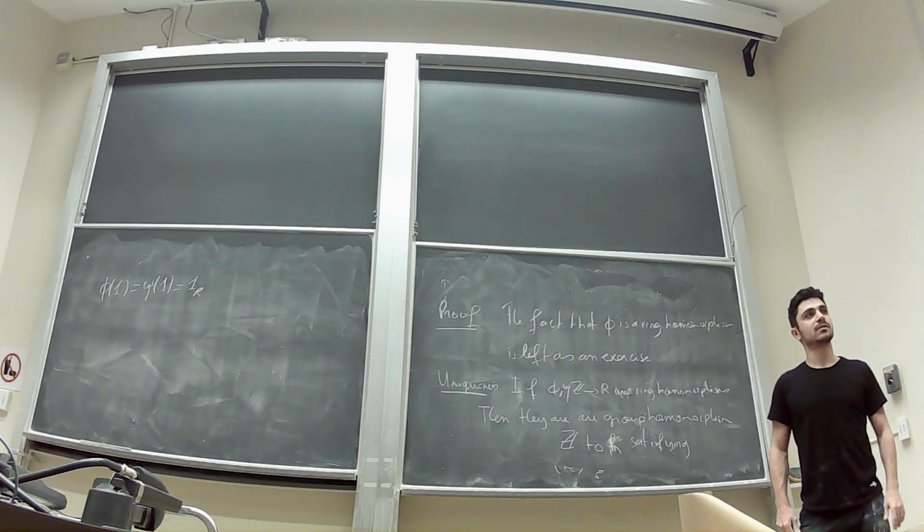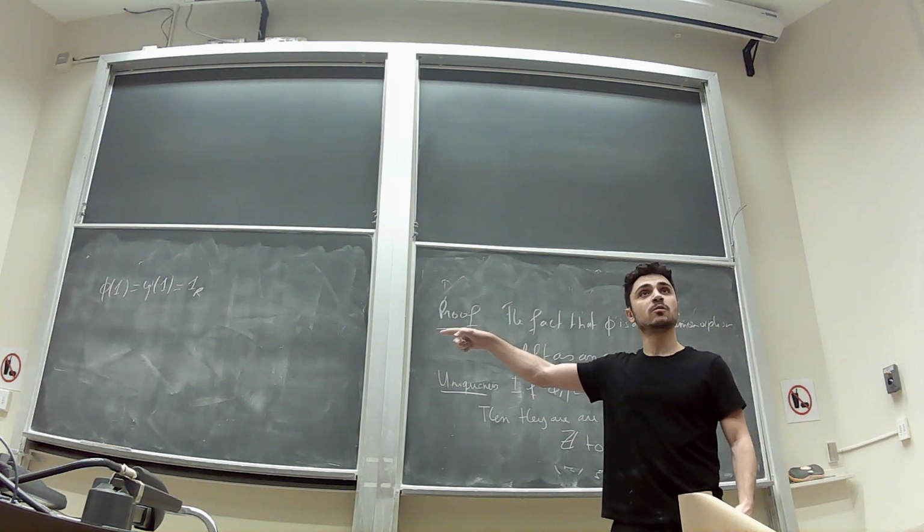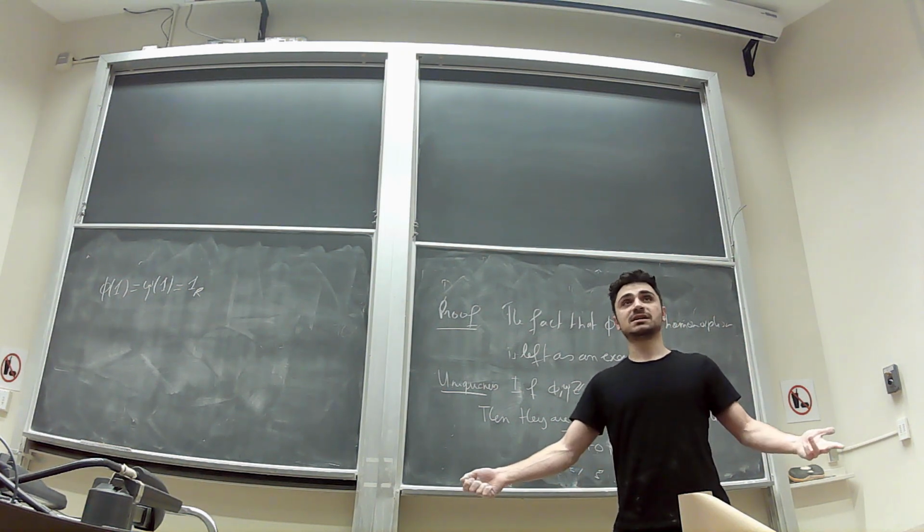Now Z is cyclic, right? You agree? As a group, Z is cyclic. What is the generator for Z? 1. So once you have a group homomorphism and you know how it acts on the generator, then you know how it acts everywhere.